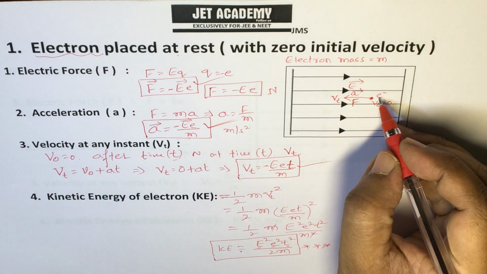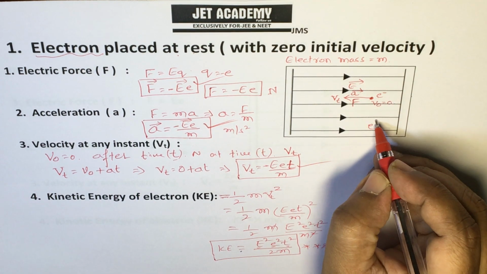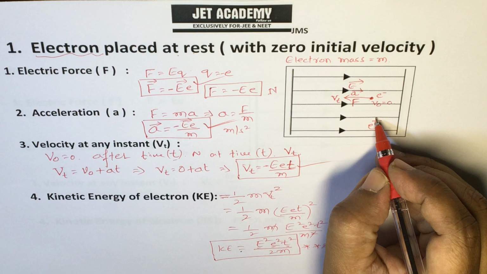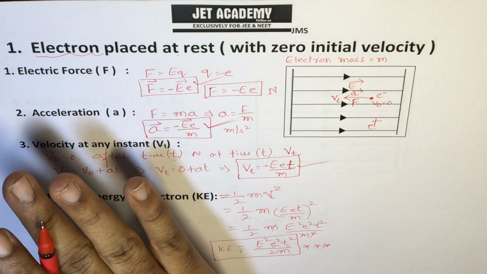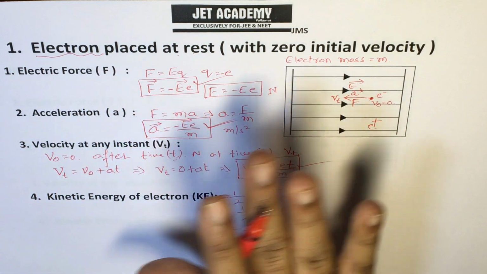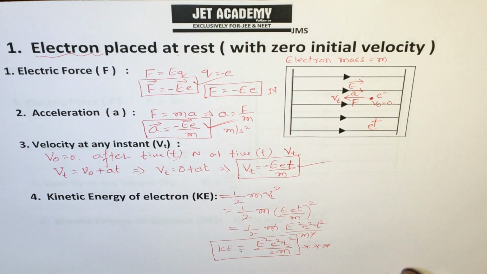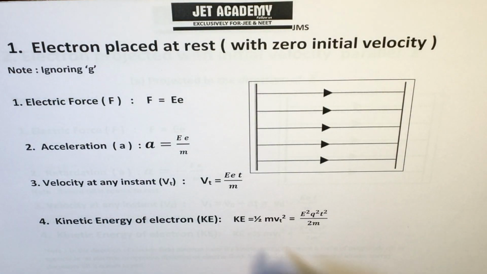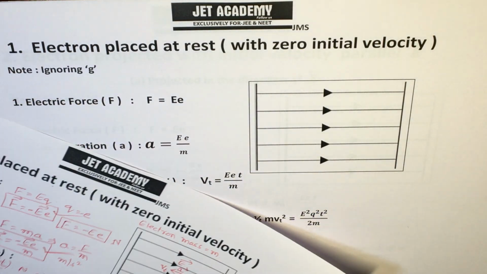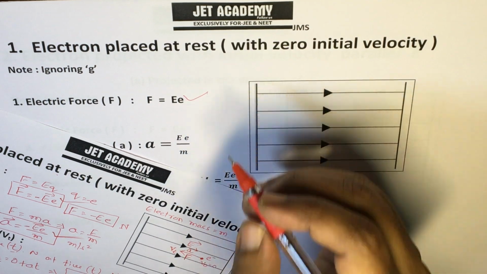Even for the same thing, instead of an electron, if you keep a proton, the same equation holds, but the direction will change. If you sit and work out the same thing, you get the same result. Practice properly and understand.